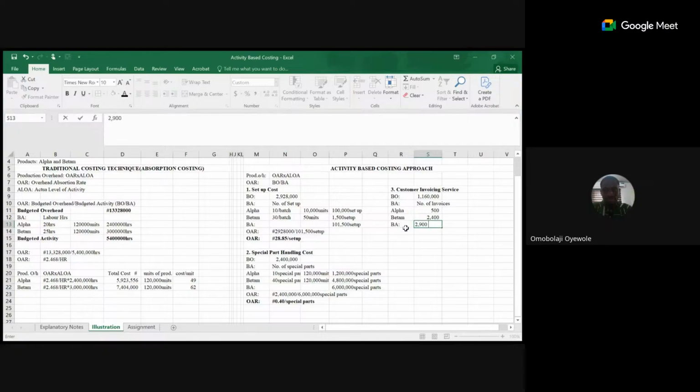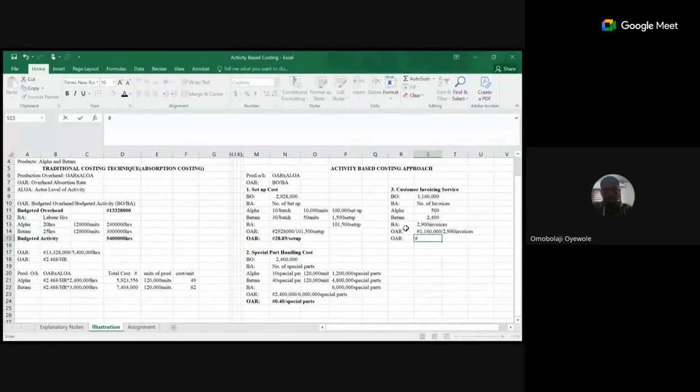2,900,000 invoices. So our OAR, overhead absorption rate, is going to be 1,160,000 divided by 2,900,000 invoices. So what would that give us? 400 invoices. 400, right?